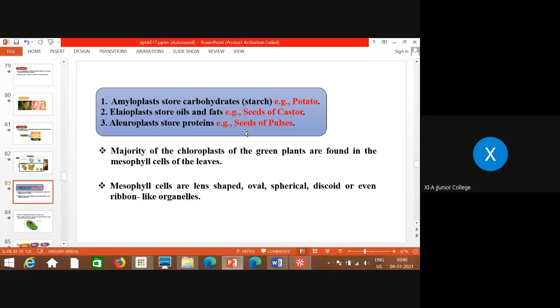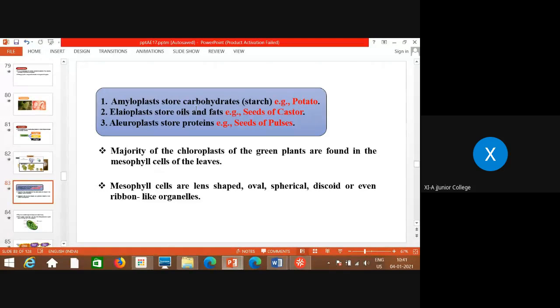So the seeds of pulses show the leucoplast called aleuroplast, a type of colorless plastid whose main function is the storage of proteins. All the pulses which are considered important for protein content have more proteins because of these aleuroplasts.